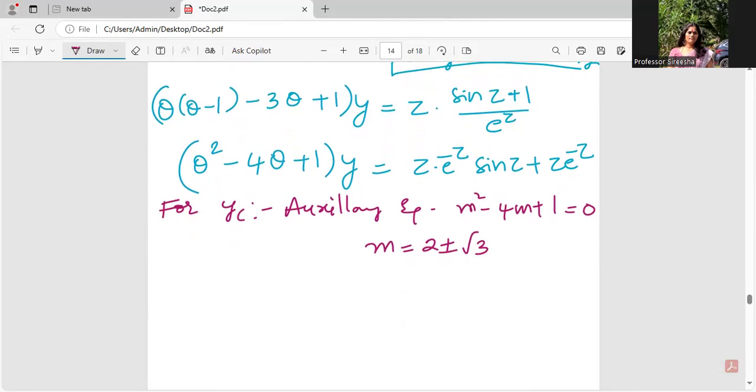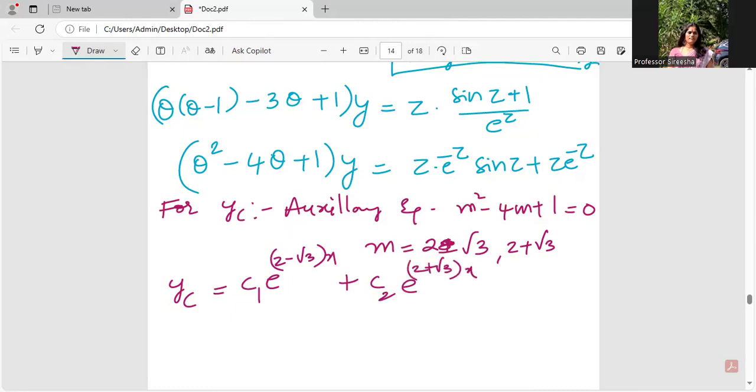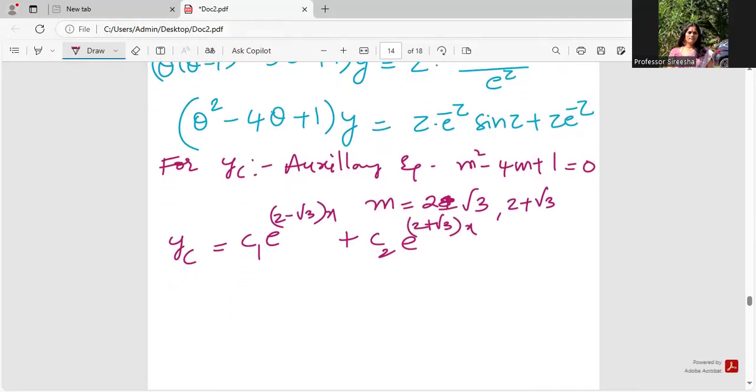Don't worry, you have two different roots: 2 plus root 3 is one root, 2 minus root 3 is the other. How do I write yc? Just put m1 and m2 with constants c1 and c2. yc is equal to c1 e power 2 minus root 3 into x plus c2 e power 2 plus root 3 into x. This is my yc.